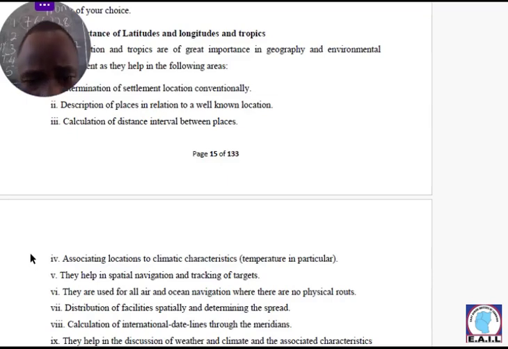The other point below, they are saying that they help in spatial navigation and the tracking of targets. When they talk about tracking and navigation, we use them to locate different features by the aspect of latitudes and longitudes.